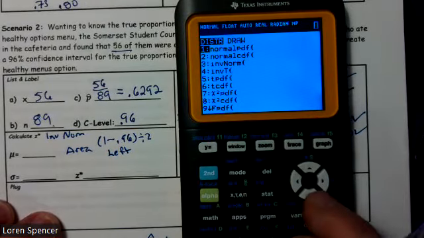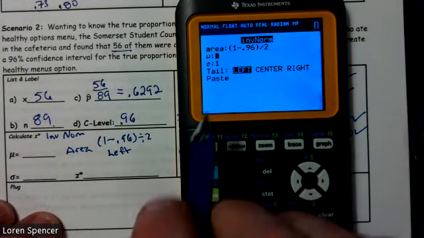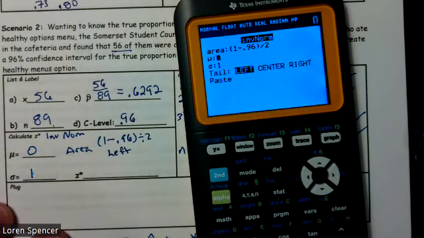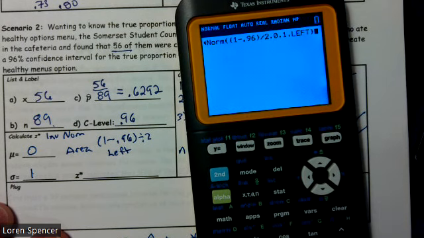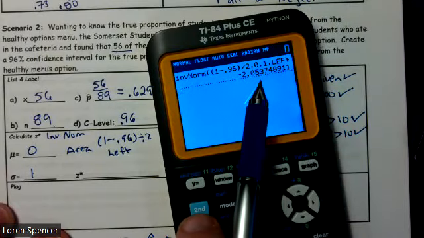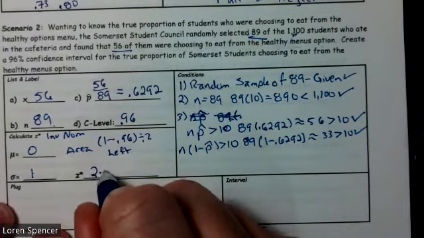Second vars, inverse norm. 1 minus 0.96 divided by 2. Mean is 0, standard deviation of 1, and it'll always be that. We wanted a left. And we're going to go ahead and make this thing positive because we're positive people. And we get 2.0537.